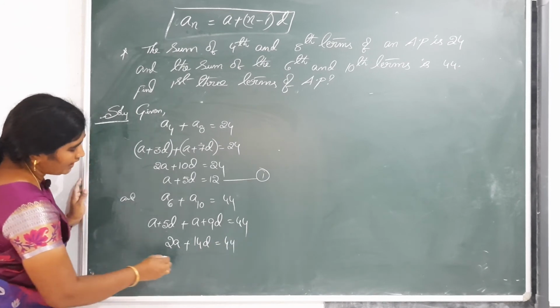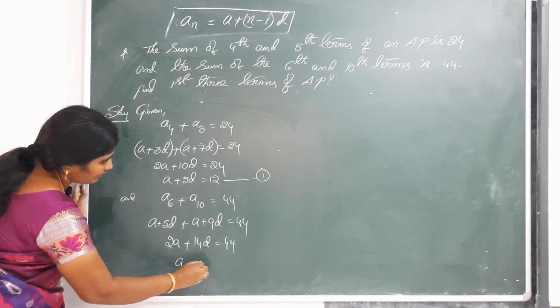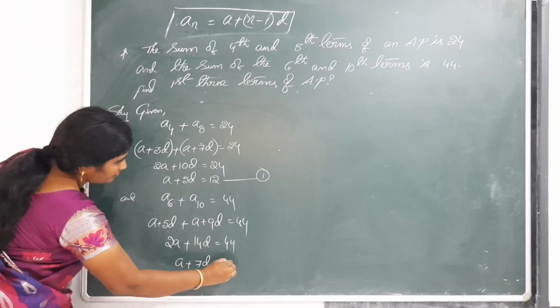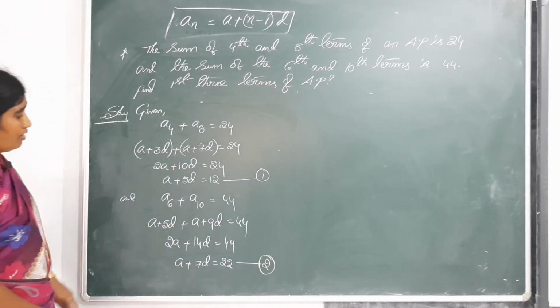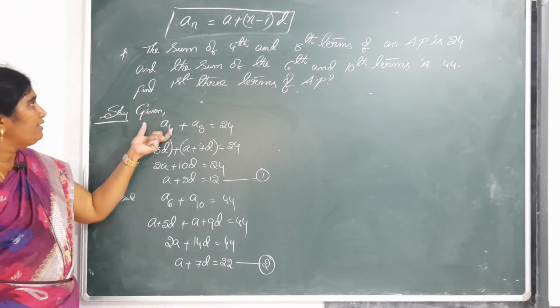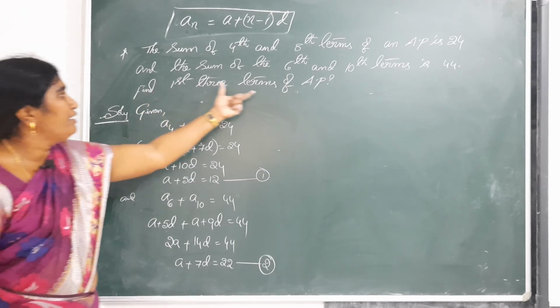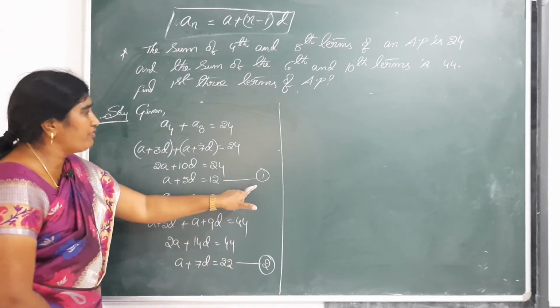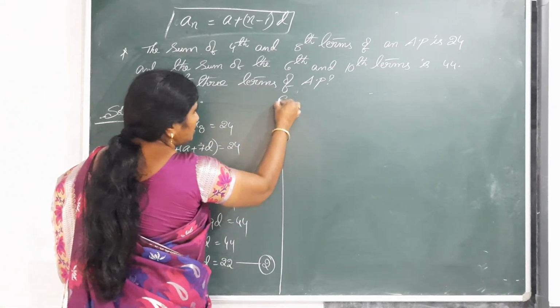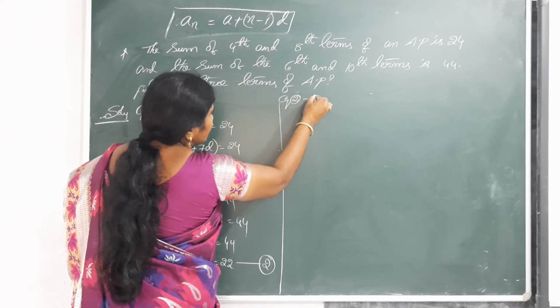Cancel 2 on both sides: A plus 7D equal to 22. This is equation 2. First we have to find A and D, next we can write the AP easily. Equation 2 minus equation 1.